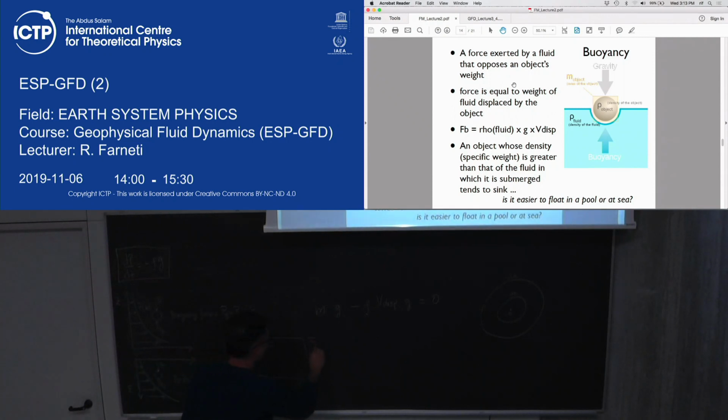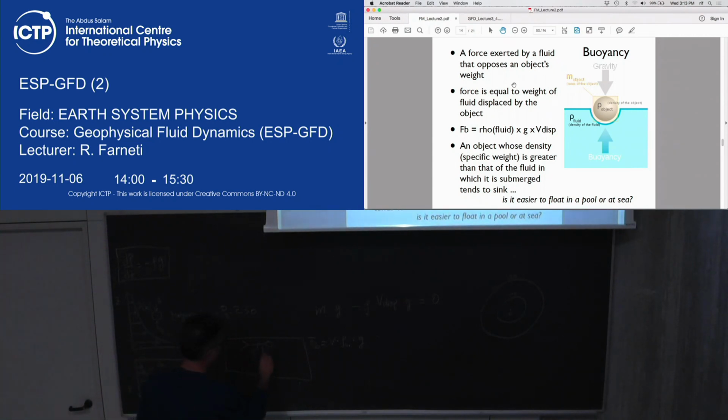So the buoyancy force that is trying to lift me is going to be equal to my volume, because I'm totally in the fluid, times the density of water, the fluid, times gravity. This is the buoyancy force that is trying to lift me up.